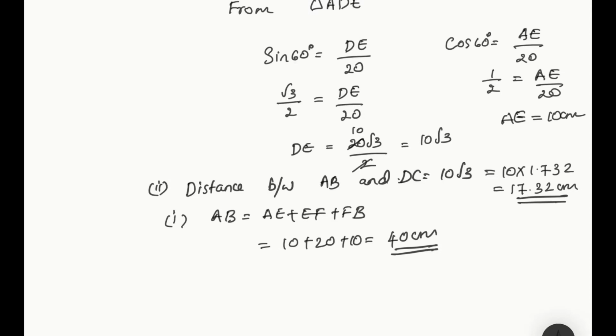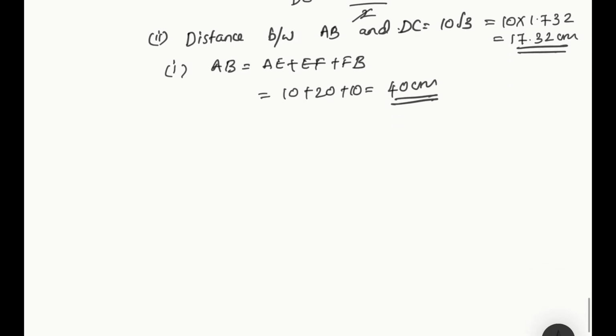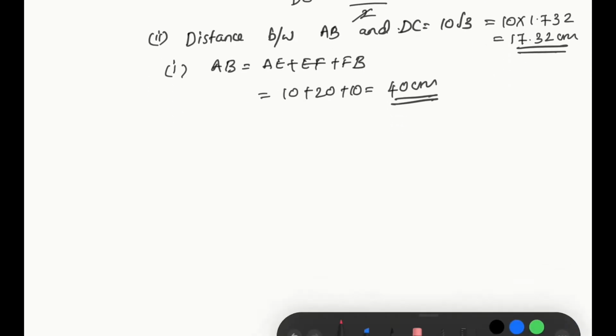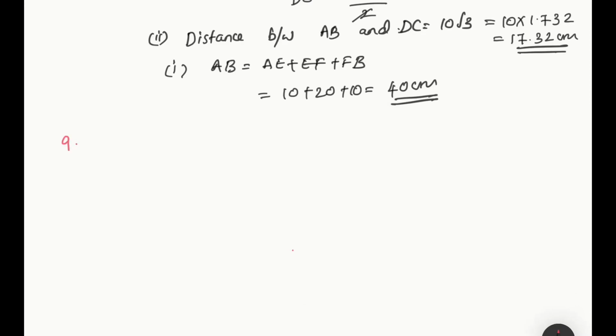Let me do the 9th question now. Question number 9. Use the given information to find the length of AB. So you have a figure here, a triangle in your textbook.